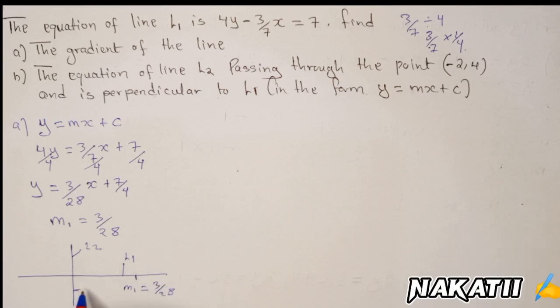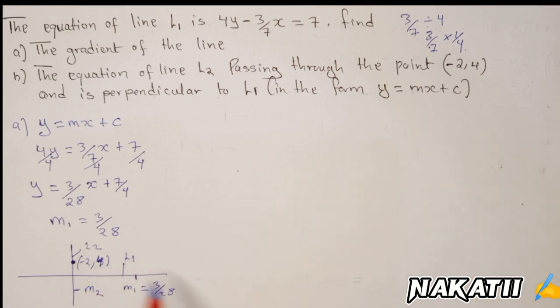We need to get the gradient of this one, M2, and it is passing through a point. The point is negative 2, 4, sorry. So L2 is passing through this point, negative 2, 4, and it is perpendicular to line L1.